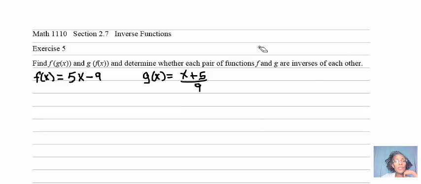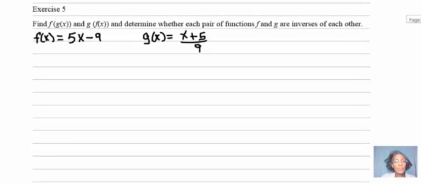Okay, so we're going to look at finding the composition functions f of g of x and g of f of x, and also determining whether or not these two functions are inverses of each other.